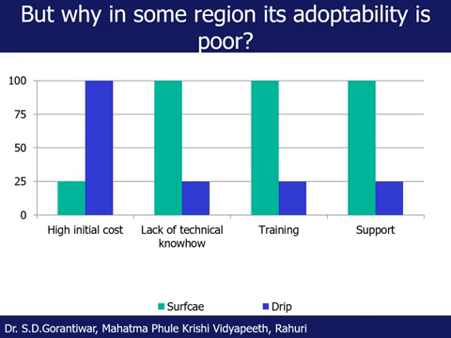So what we have seen in detail are the different advantages and benefits associated with the drip irrigation method, and at the same time its limitations as well, and we have to overcome these limitations. This is our main task as well, and for that such kind of trainings are being practiced as well.